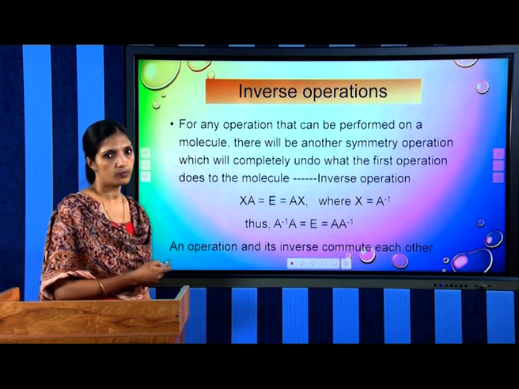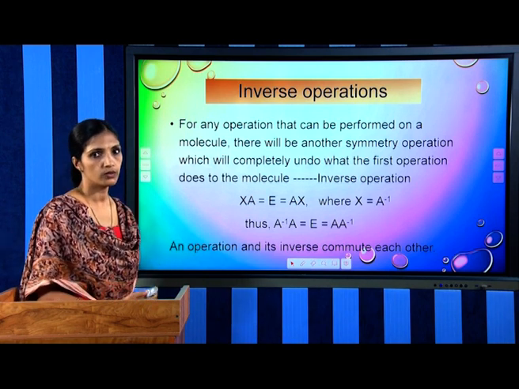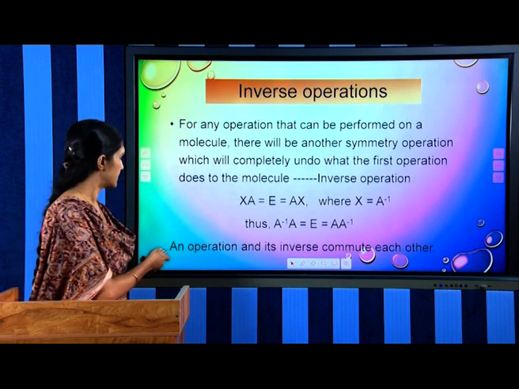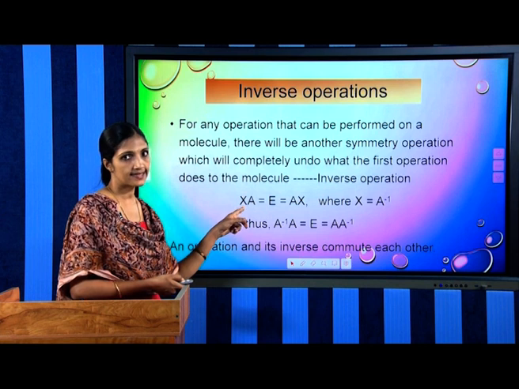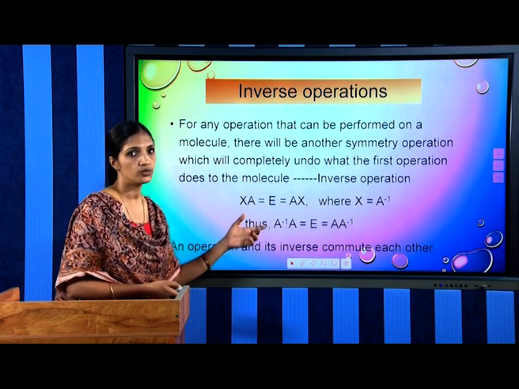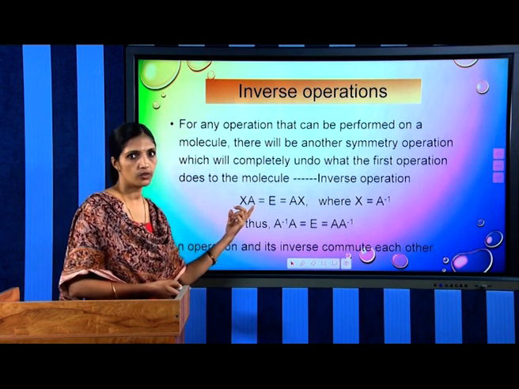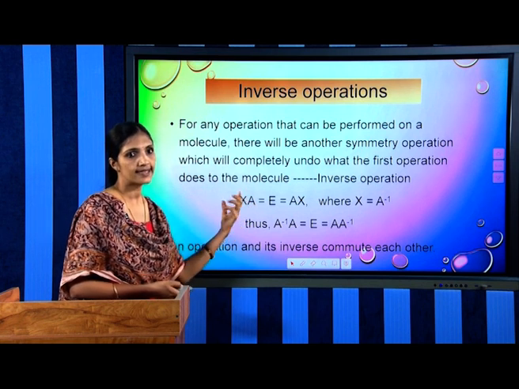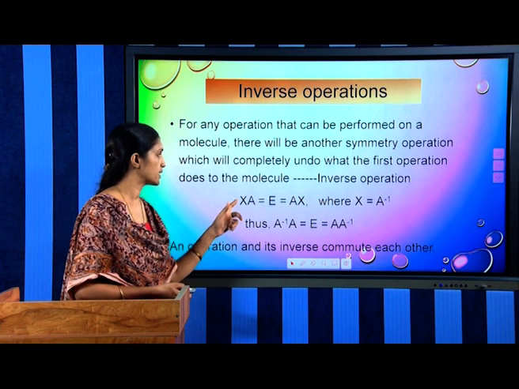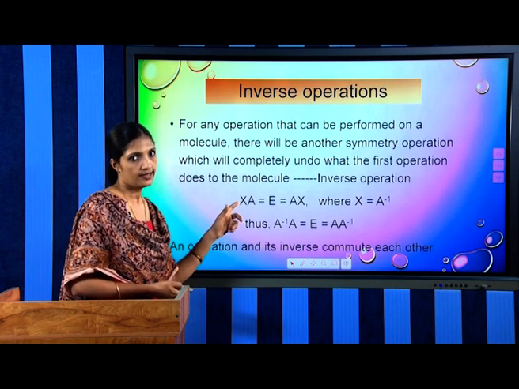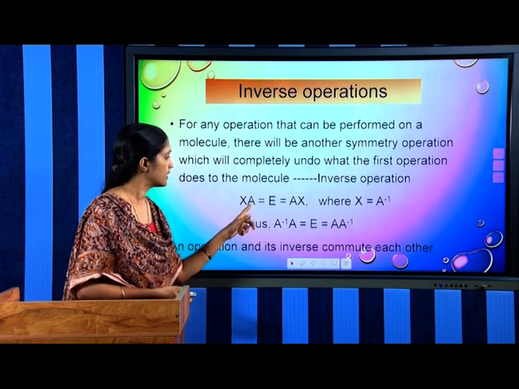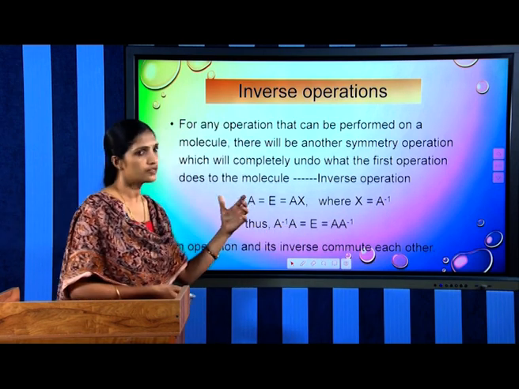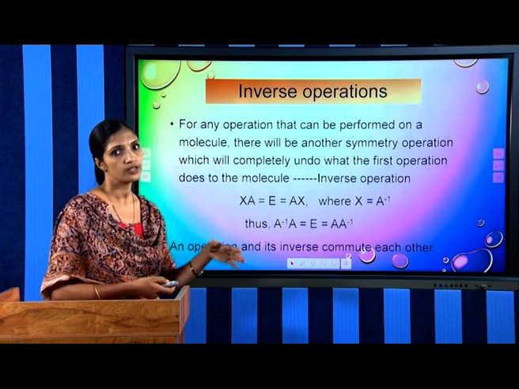Let A be the operation performed on a molecule, then there exists another operation, denoted as X here, which will completely undo what the first operation does to the molecule. That is, what A does to the molecule is exactly nullified by the next operator X. Then we say that X is the inverse of A, or otherwise we can say A is the inverse of X.